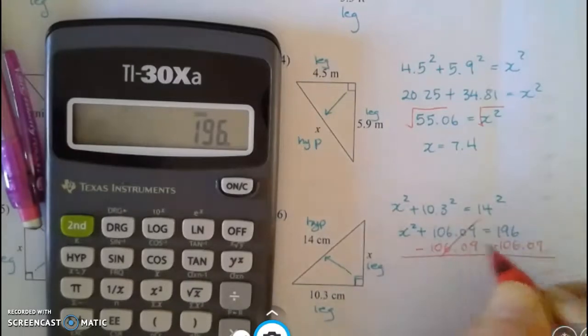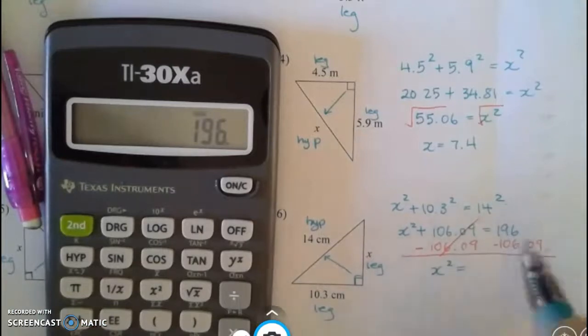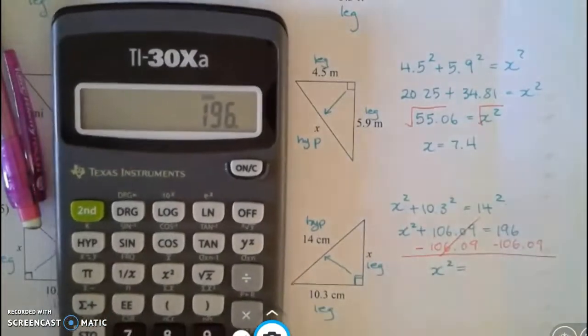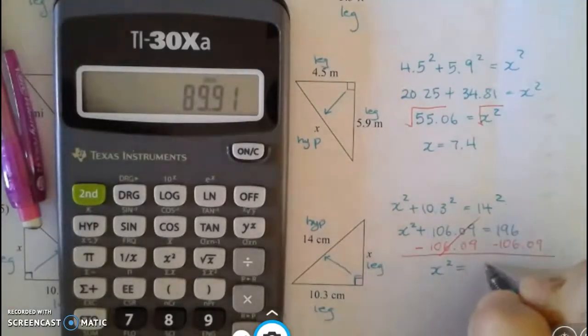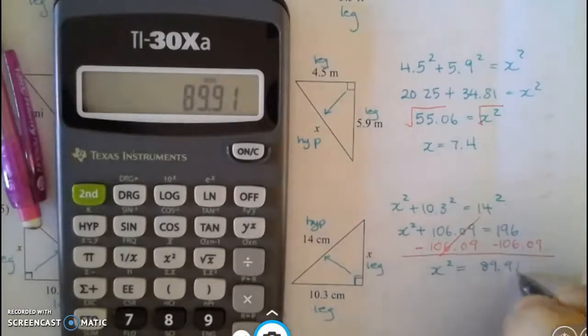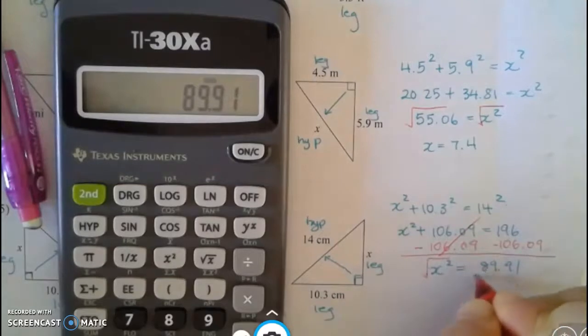So that this goes away to 0, and you're left with x squared is equal to 196 minus 106.09. And that leaves me with 89.91. And from here, I am going to take a square root of both sides.